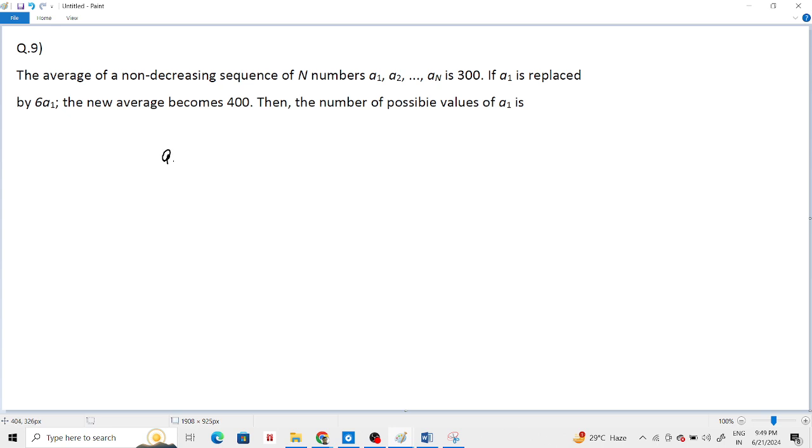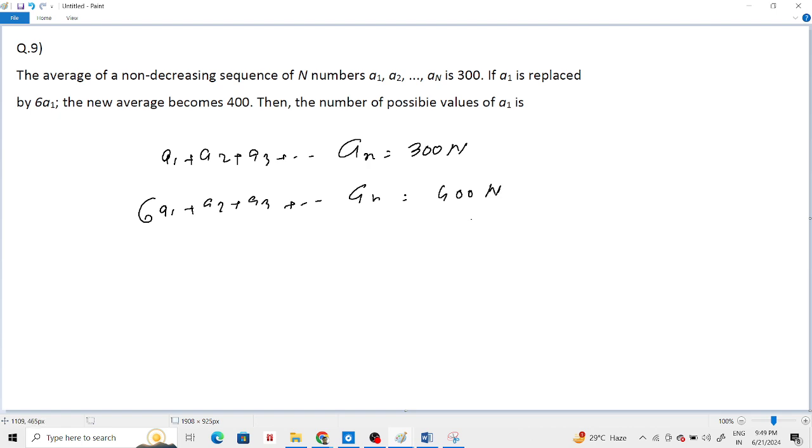a1 plus a2 plus a3 till an is what, 300 into n, right? So 300 is the average, n is the total number of terms, so that is the sum. Okay, now 6a1 plus a2 plus a3 till an, what is the new average? 400 into n.